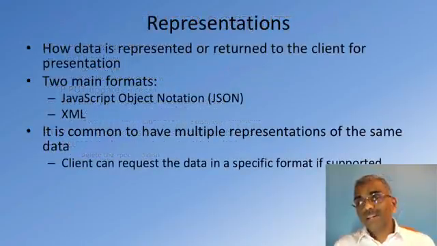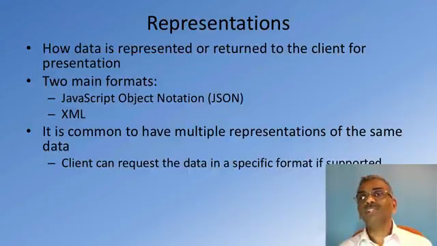The third aspect, as I said, representations. How do you take this information on the server side and then transform it in a way that can be transported across to the client side, or vice versa, in a format that both sides understand? So this is where the representation takes on meaning. And the two formats for representing information that is transported across from one side to the other side is XML and JSON.